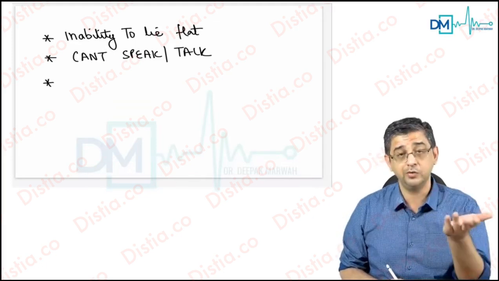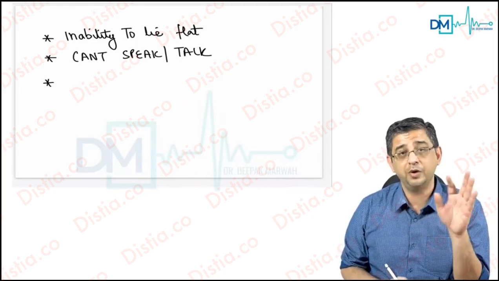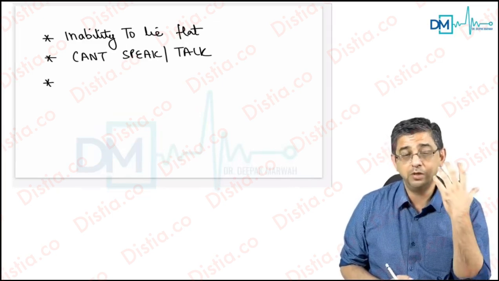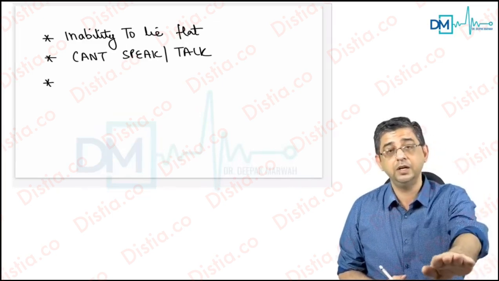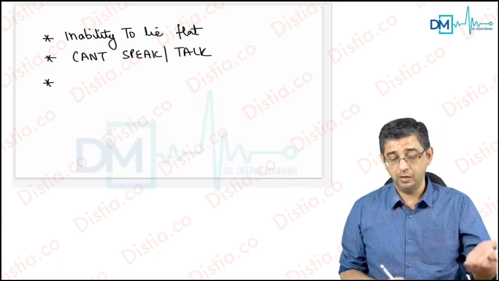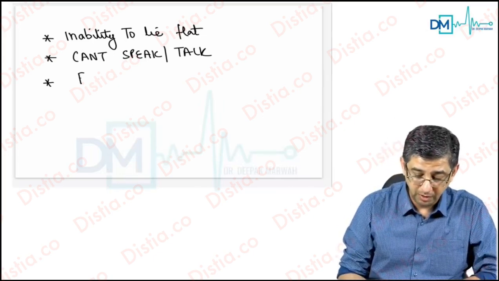So the person will be very drowsy. So if a person with asthma is lying in the bed and he's not responding to commands, whereas in initial attacks of asthma, the person will have big dilated pupils, and he might just physically touch you and say, sir, I'm not getting breath, but this chap is drowsy, lying in the bed, that definitely means that I need hospitalization for the patient.